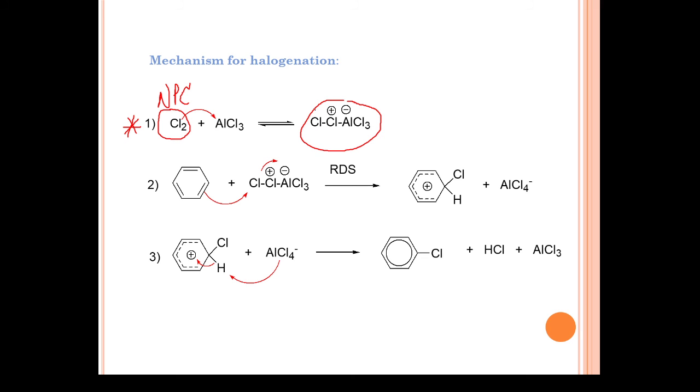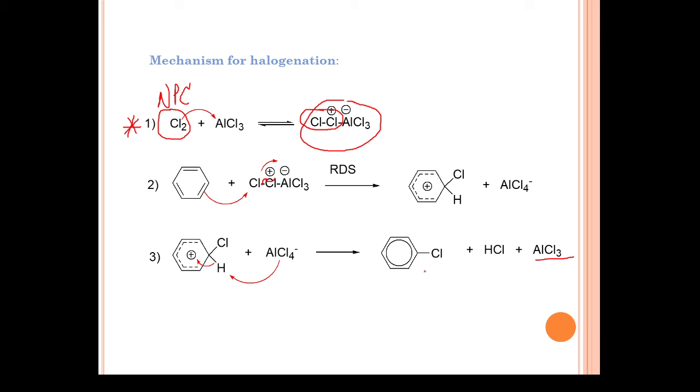Don't forget, if you look at the electron probability cloud diagram, that positive charge engulfs this whole area. So it takes this chlorine, these electrons come back, and we create our nucleophile, which will then attack the hydrogen. And the key is we reestablish our aluminum chloride, but we've attached chlorine.